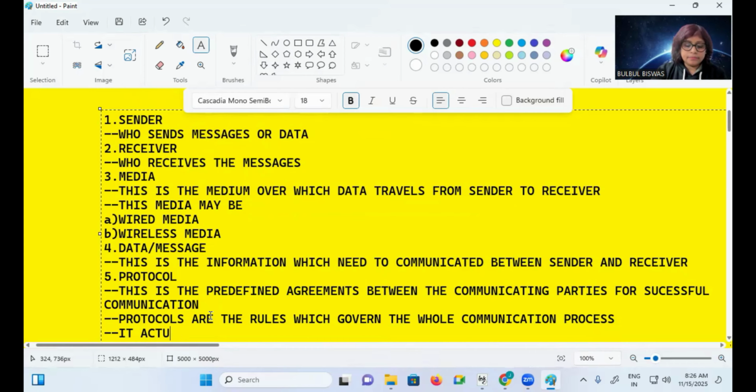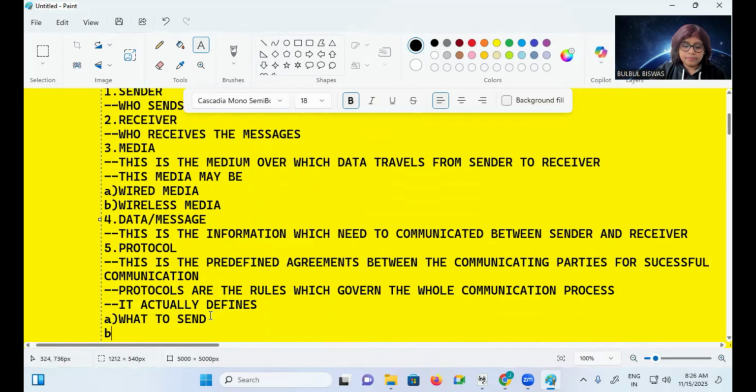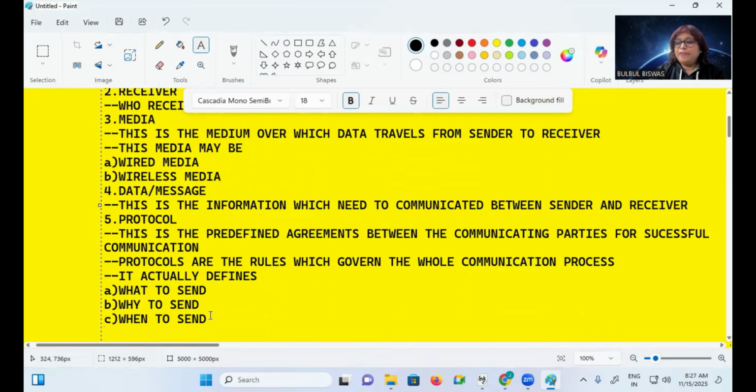It defines what to send, why to send, and when to send. In another video, I will come up with protocols because it's a very vital thing in the networking industry. Right now, this is a brief description.